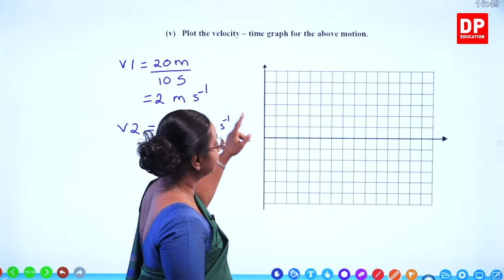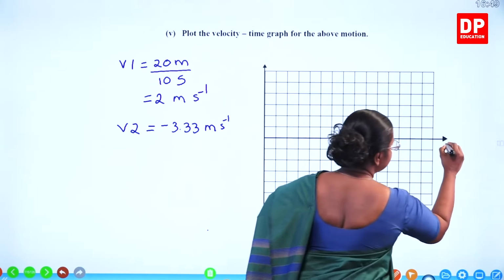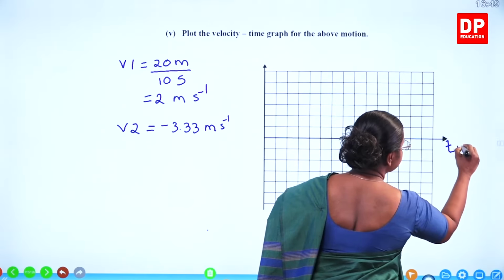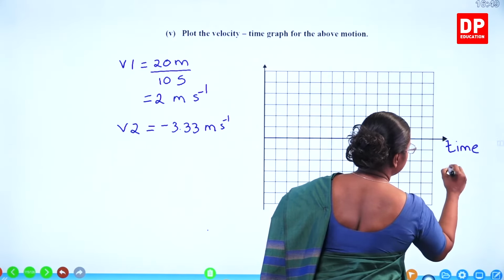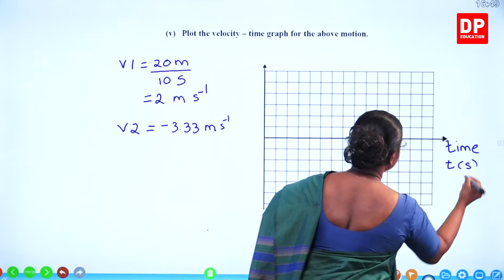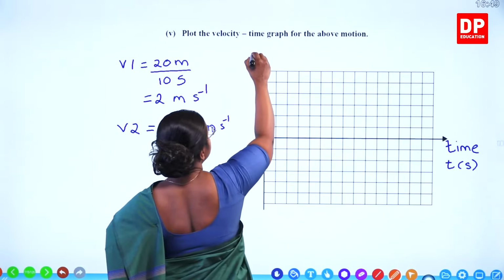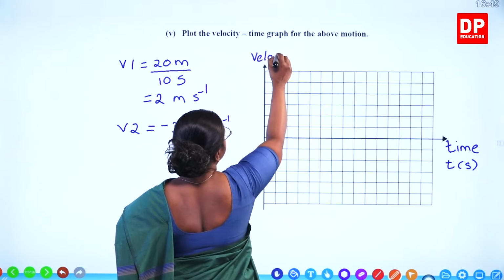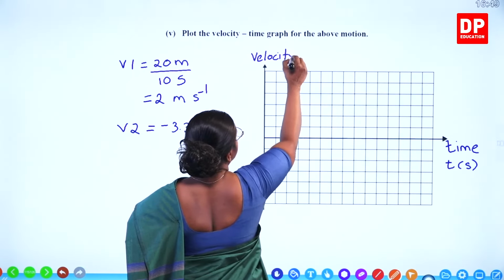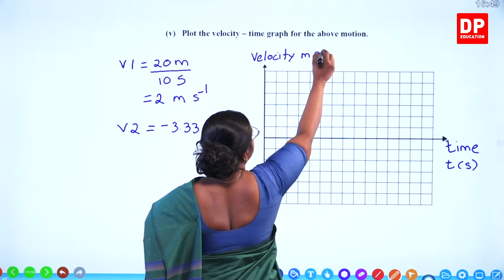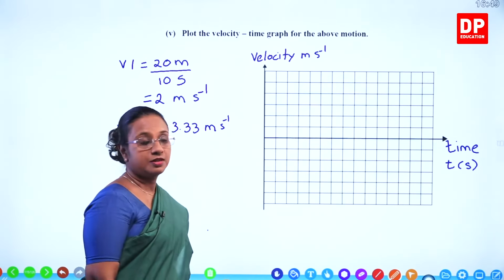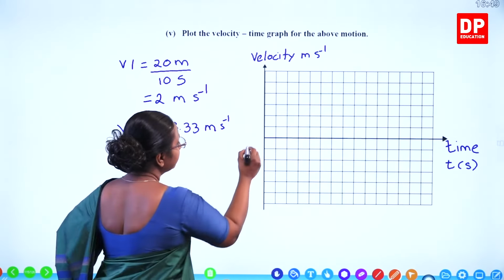First, I will mark the axis. The x-axis will be time, t seconds, and the y-axis will be velocity, meter per second. So, we will have to mark the values.